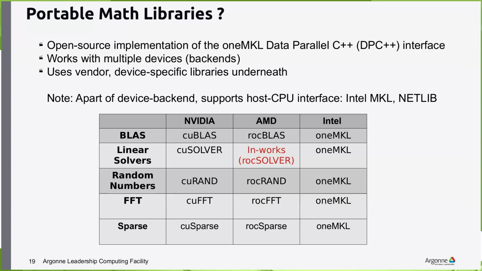It's an open source implementation and also has a product implementation, which is closed source. oneMKL can run on all three hardware: NVIDIA, AMD, and Intel GPUs. The open source implementation is open for NVIDIA and AMD, but not for Intel. When you install something from an Intel oneAPI based kit, you will get the Intel product oneMKL implementation. This is closed source and runs on Intel GPUs or hardware.